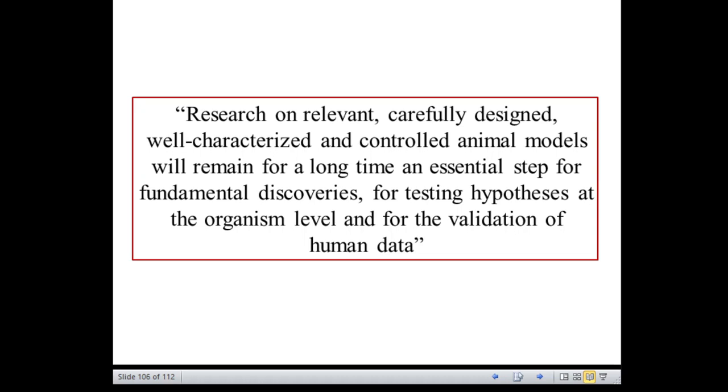So you have a model system wherein the model system is anatomically and physiologically similar to humans, especially in case of mammals, so that whatever data you get from animal model studies, you can translate directly into humans. However, not all results or data obtained on animals can be directly translated to humans. It's not possible.